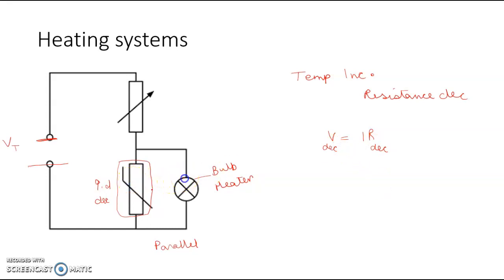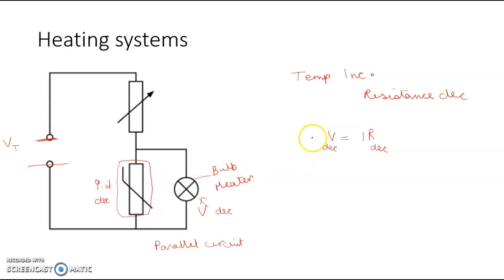Now, potential difference in a parallel circuit is the same. So whatever is the potential difference of the thermistor, the bulb will have the same potential difference. So we've got quite a low voltage here. So voltage is decreased. Now, because of that, you will find that the bulb will not light up, or if it's a heater, the heater will not work strongly.